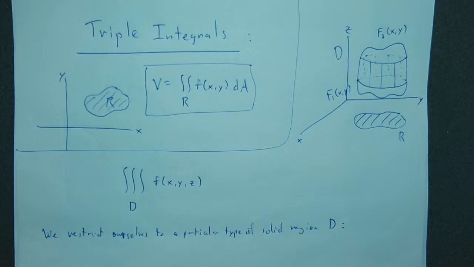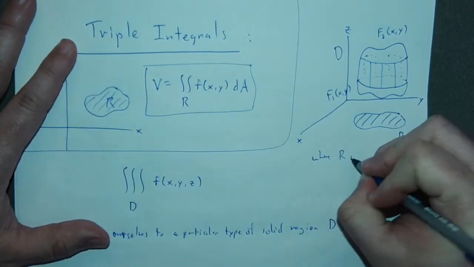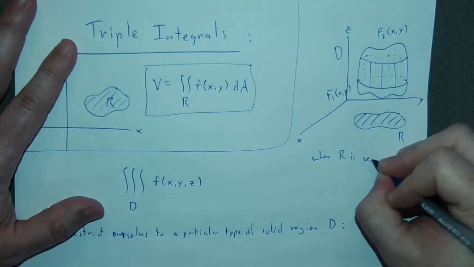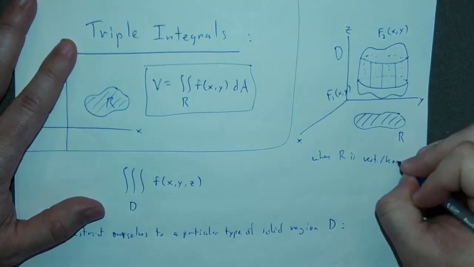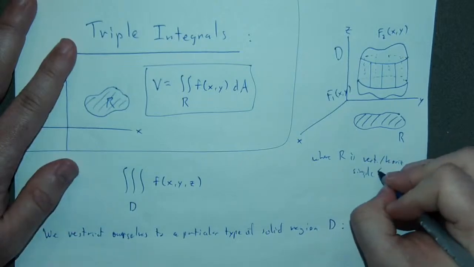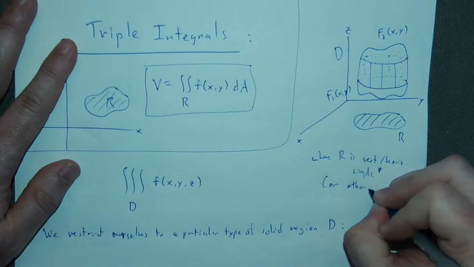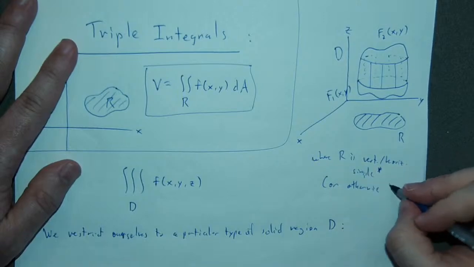Now, this region R is itself either vertically or horizontally simple, and I'm going to put an asterisk here, or otherwise doable.